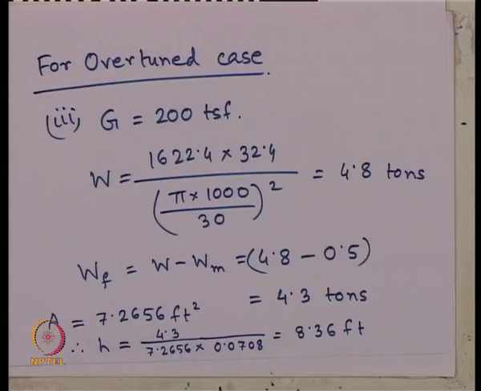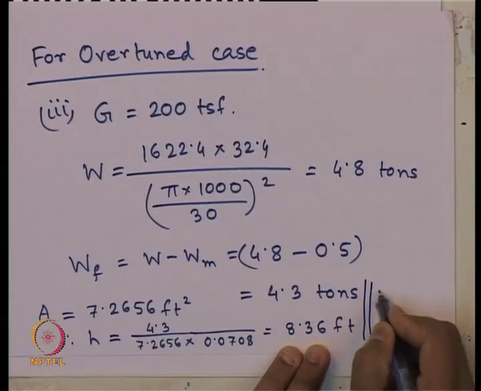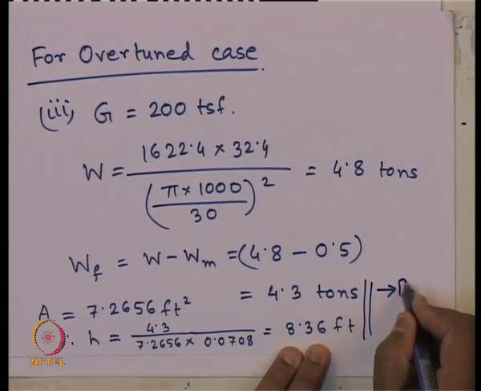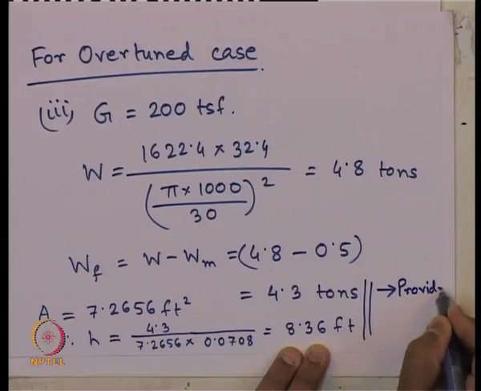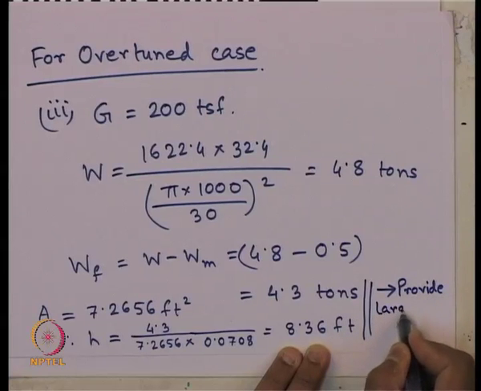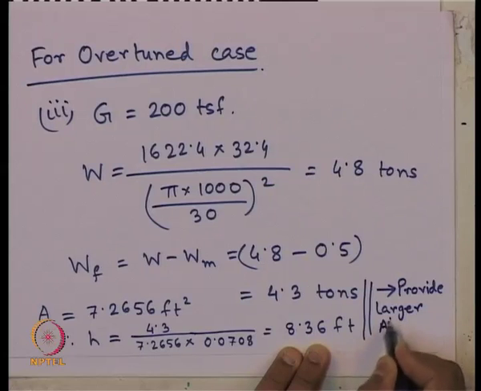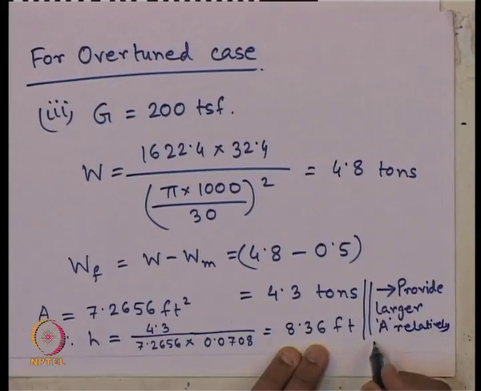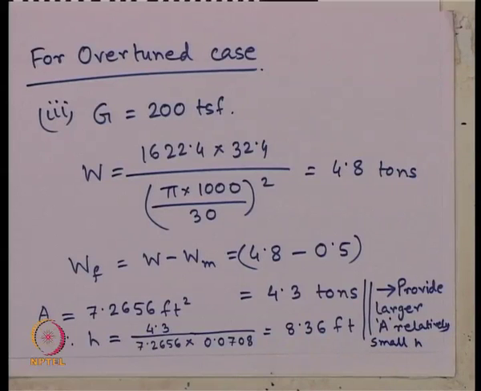So, the base design will be from this, what it follows, that provide larger A and relatively small h, that is the design decision. So that this weight of 4.3 tons whatever is required is maintained.